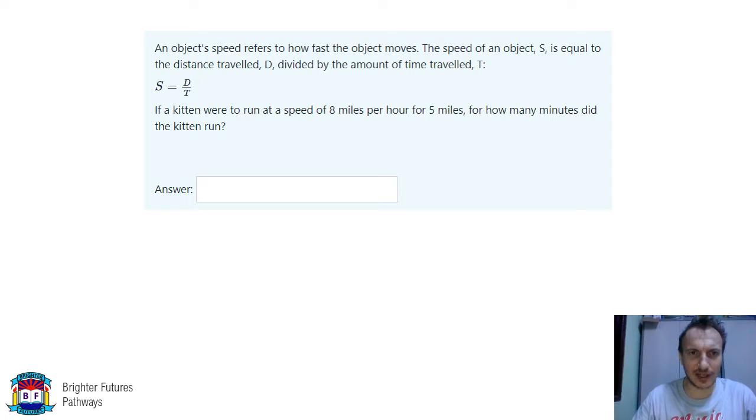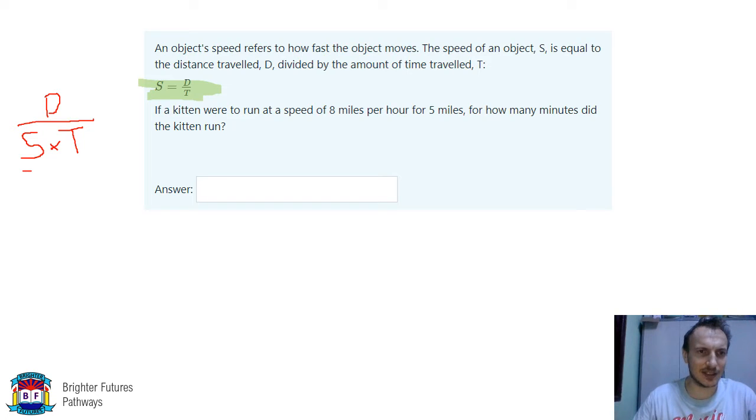Now, question 3, we need to use this formula. Speed is distance over time. I might have shown you this before, but for me, I like to write formulas like this as a triangle. So time is equal to distance over speed.